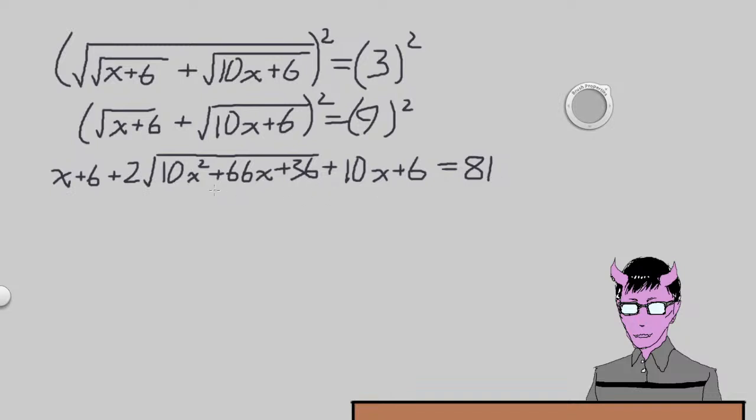Okay, so there we go. Let's start moving everything over to the right-hand side, except for the radical. We're going to isolate the radical, so move these ones to the right-hand side, and then move these ones also to the right-hand side. So this is going to be 1x plus 10x gives us 11x. I do suggest crossing things out so you don't accidentally reconsider them.